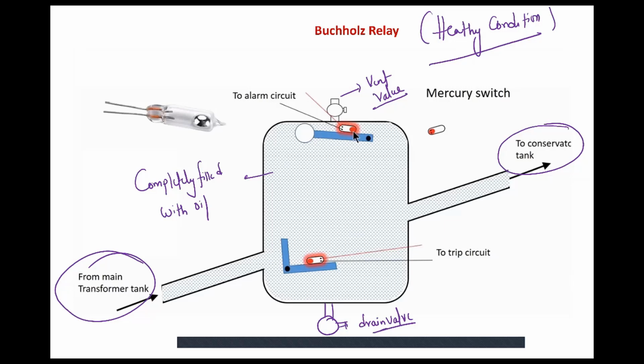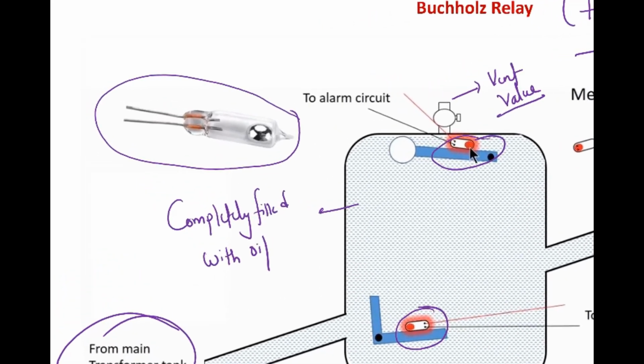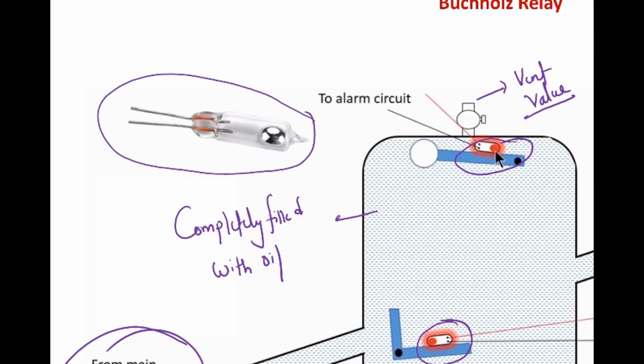This is one mercury switch, and this is another mercury switch. So this is how the mercury switch will be there. Okay. So whenever the gas inside the Buchholz relay increases, this mercury switch will tilt in some direction.